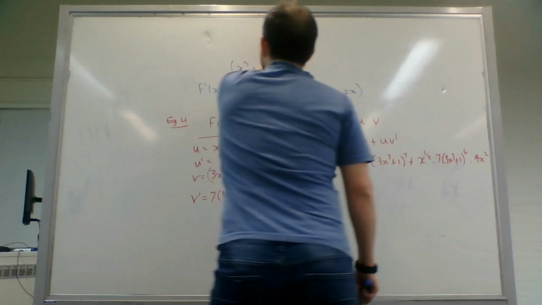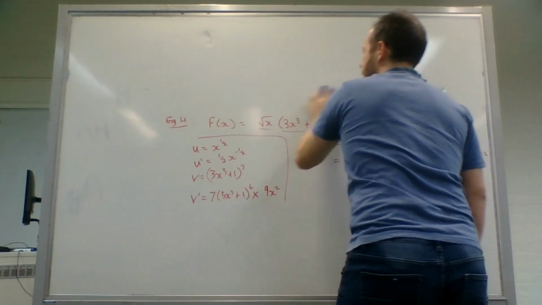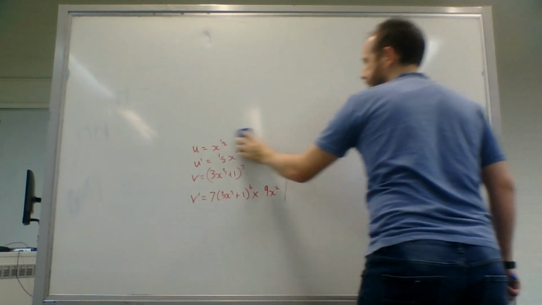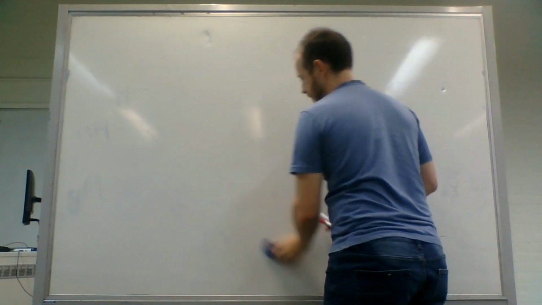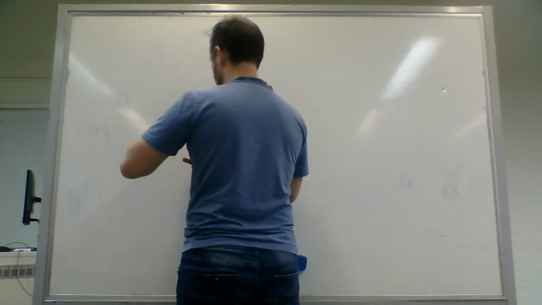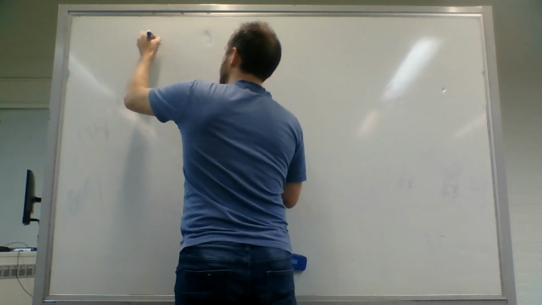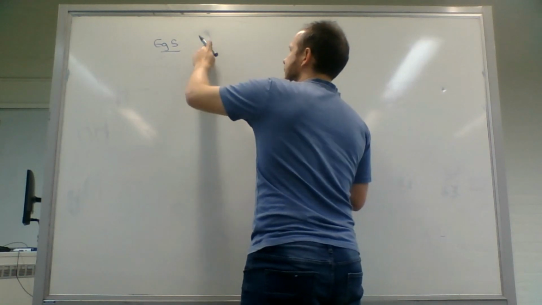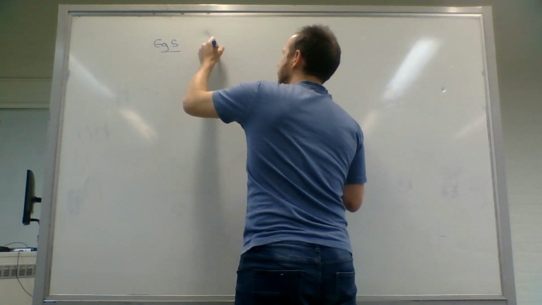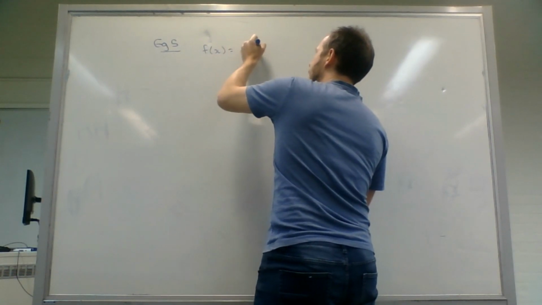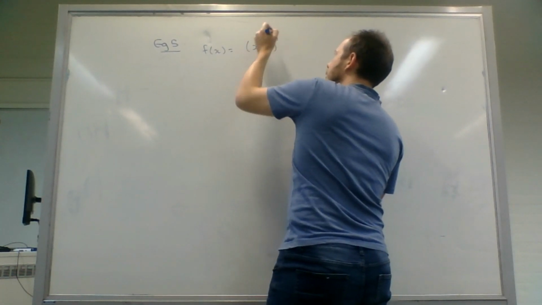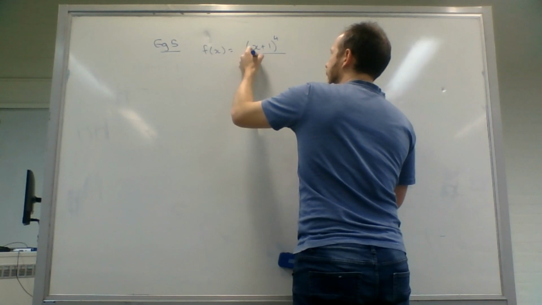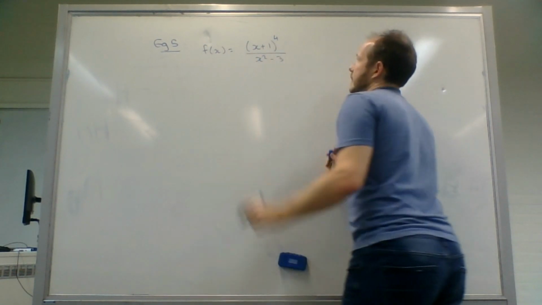Okay, let's have a look now at a quotient rule example. So let's say that we've got f of x equals x plus 1 to the 4 divided by x squared take 3.